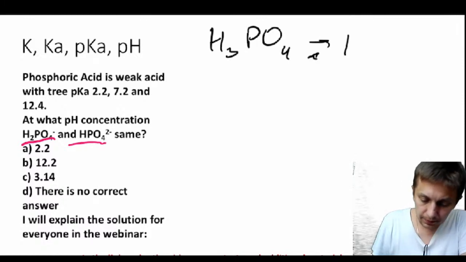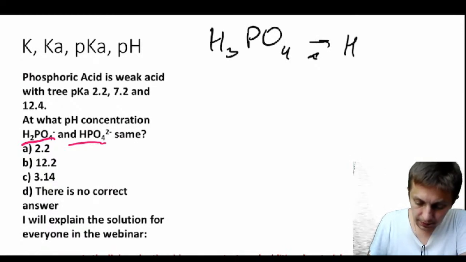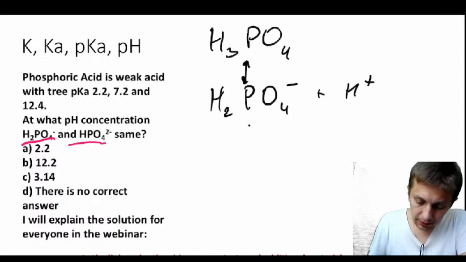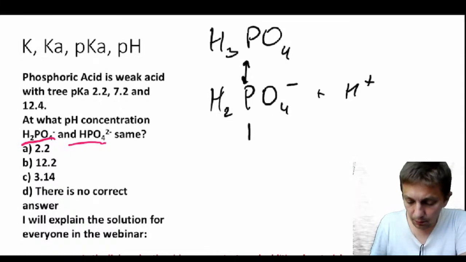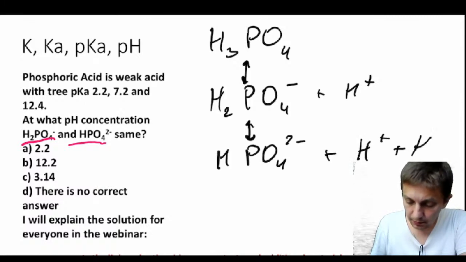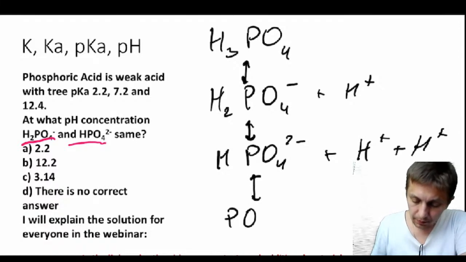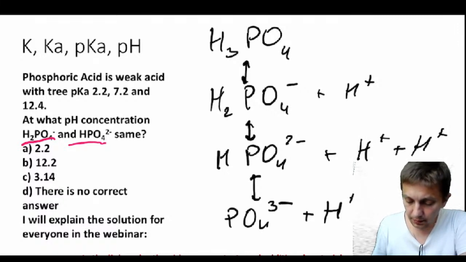If we write it out, H3PO4 dissociates into H2PO4 minus plus H plus, then into HPO4 2 minus and H plus, and the final dissociation gives PO4 3 minus plus H plus.